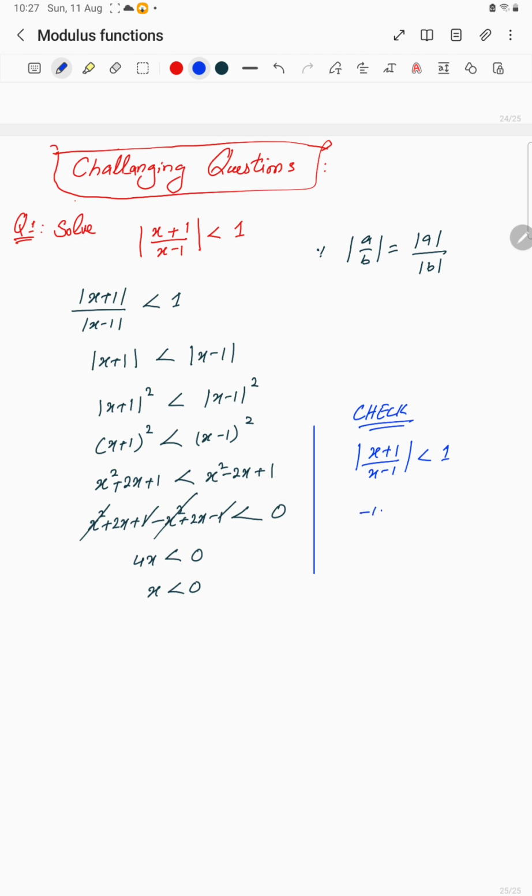So it means minus 1 plus 1, for x equal to minus 1, over modulus of minus 1 minus 1, is less than 1. So 0 by modulus of minus 2 is less than 1. This side is 1, as you can see, sorry. So 0 is less than 1, which is true.